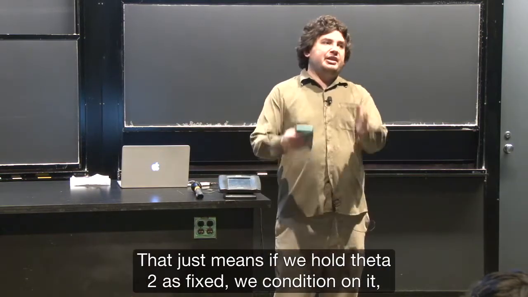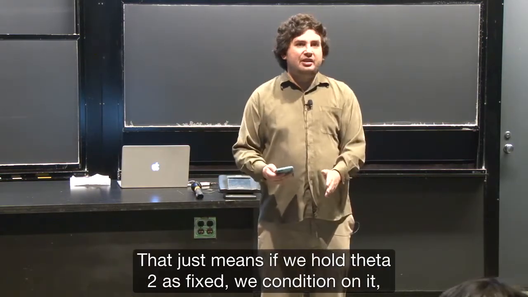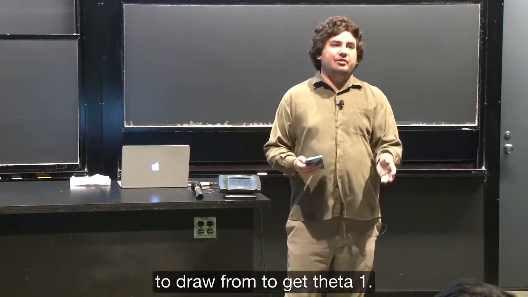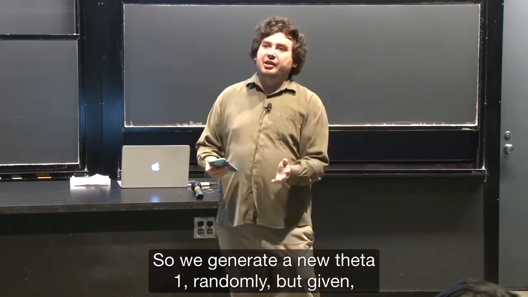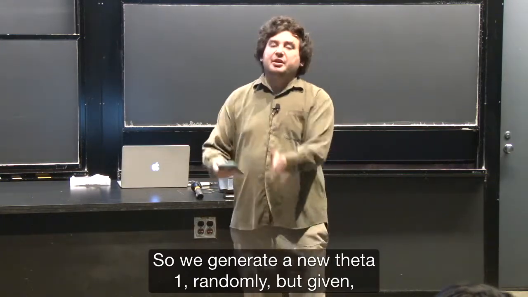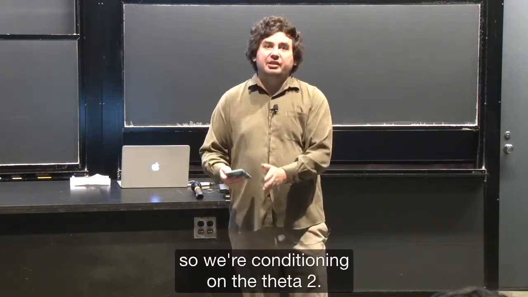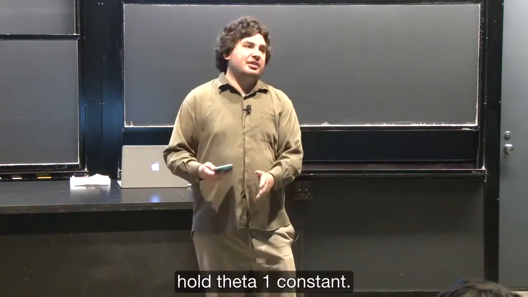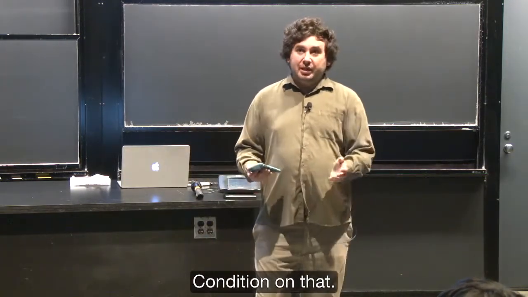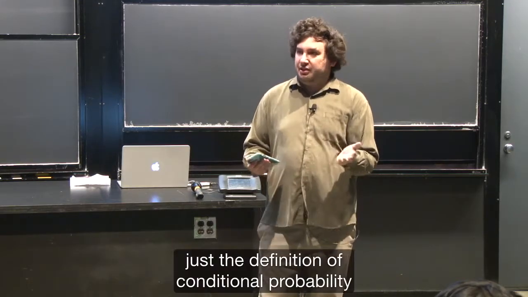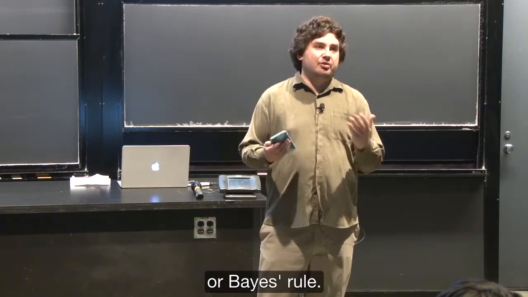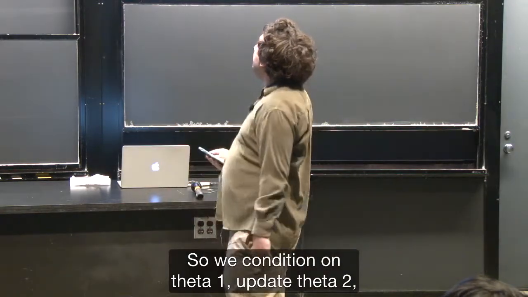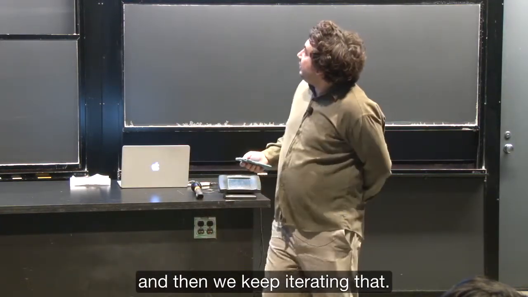That just means that we hold theta 2 fixed, we condition on it, and then we figure out what's the distribution we want to draw from to get theta 1. So we generate a new theta 1 randomly, conditioning on theta 2. And then you flip it the other way around. Hold theta 1 constant, condition on that. The way we do conditioning is just the definition of conditional probability or Bayes' rule. So we condition on theta 1, update theta 2, and then we keep iterating that.